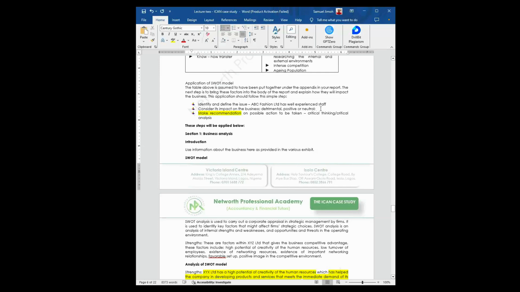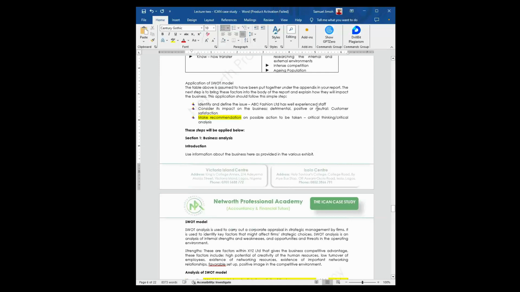What will happen with that? It means that the client will be satisfied. It will lead to customer what? Customer satisfaction. So what I'm saying is that we can now go on and say that the experienced staff has resulted into what?